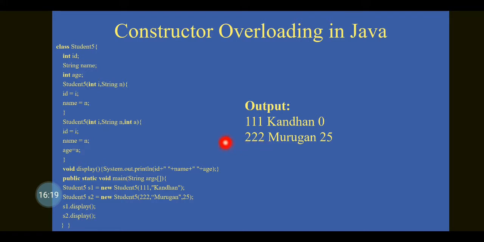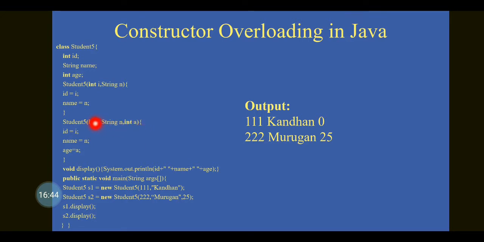For s1 we will pass only two values, 111 and Karan, so it will call the first constructor because it contains only two parameters. For s2 we will pass three arguments, so rather than calling the first constructor it will call the second constructor because it contains three parameters.